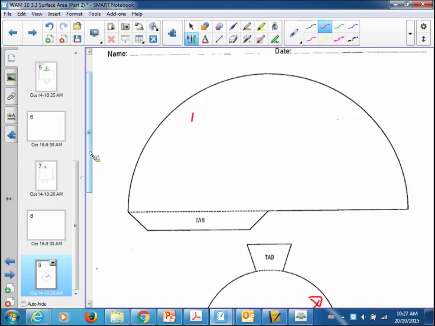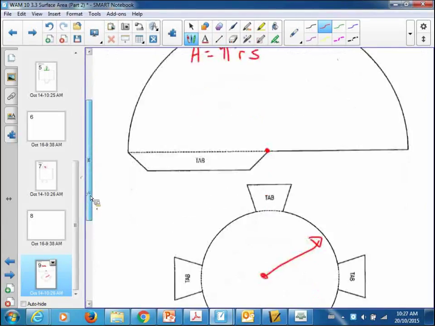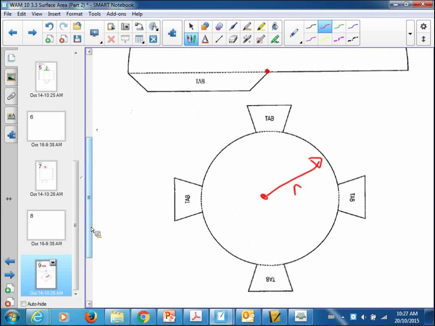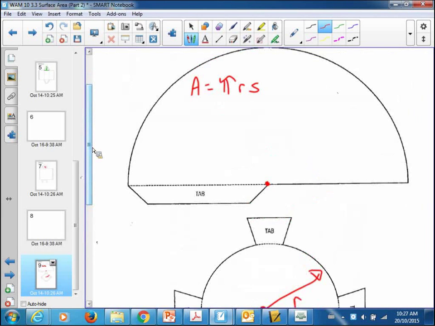So this area is equal to pi R S, meaning the slant height is the S. When you cut this out, you'll have the R, the radius, from here, the circle, but the S slant height is the half distance here, S. And you'll figure out what that is. And then you'll figure out what the radius is, and you can just calculate that. Okay?